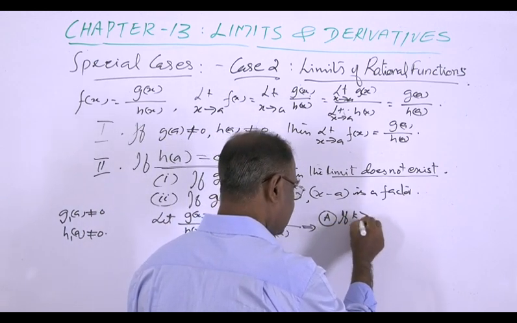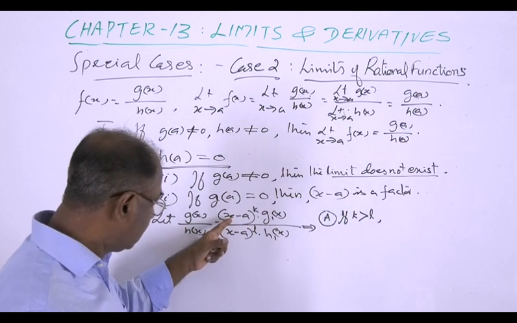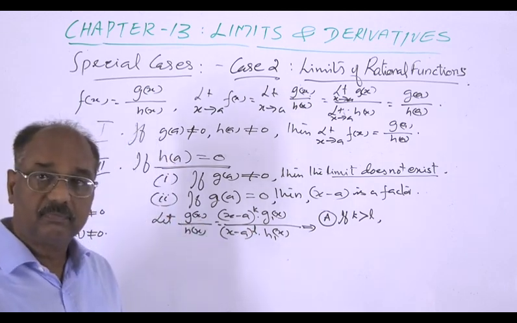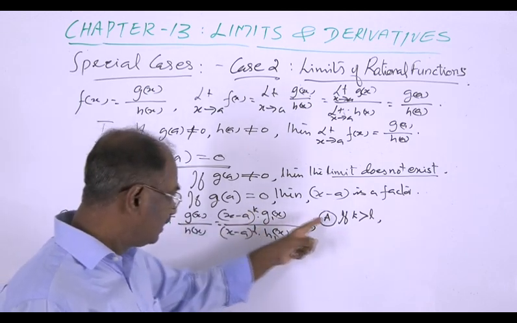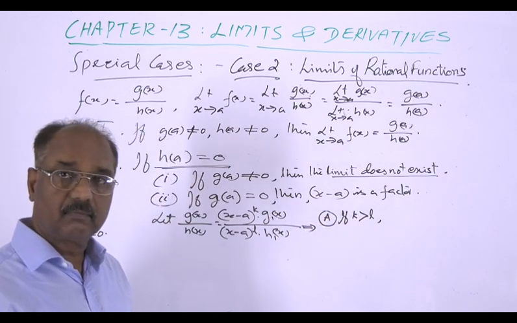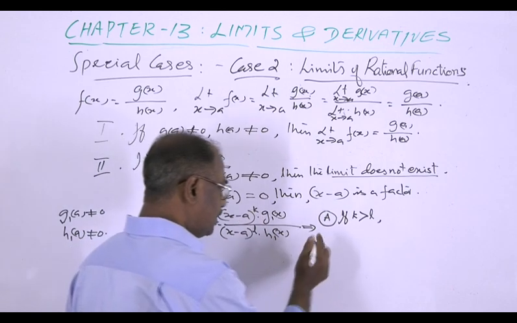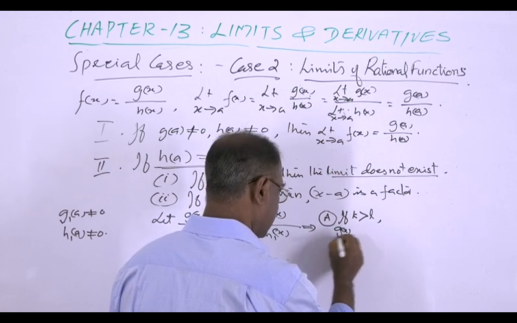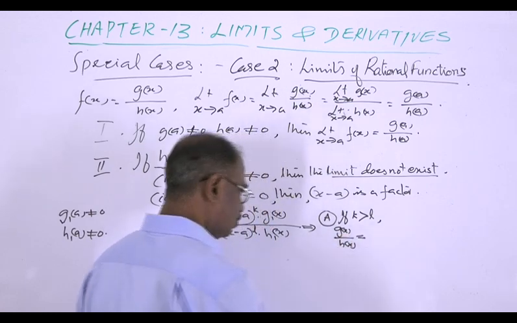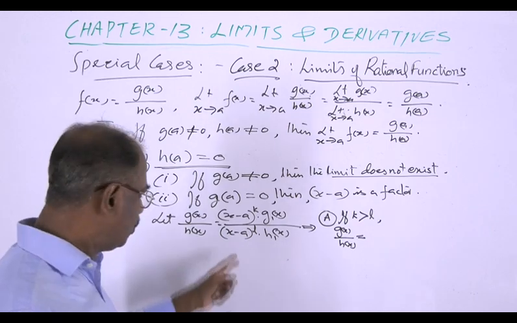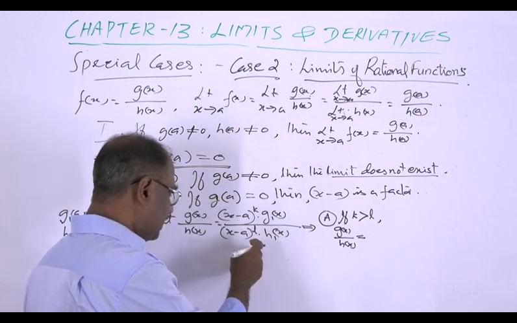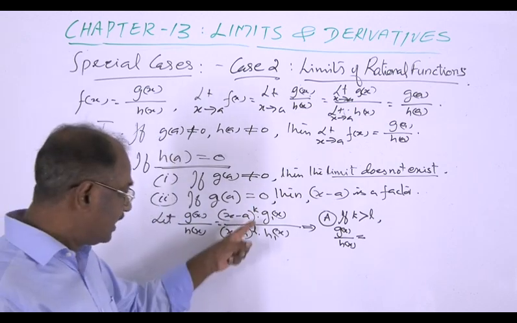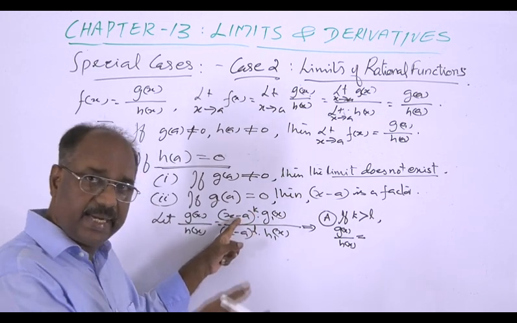If k greater than l, x minus a all raised to k, x minus a all raised to l, then cancelling this x minus a from numerator and denominator, since k greater than l, some x minus a remains in the numerator.